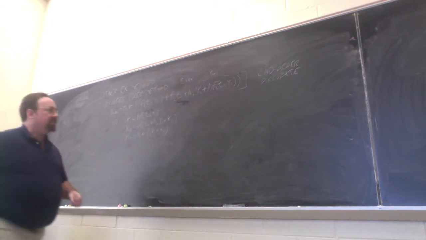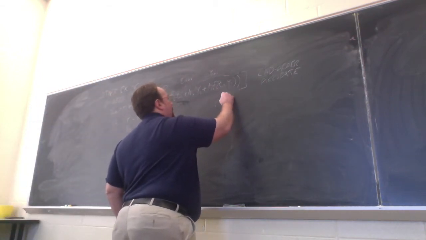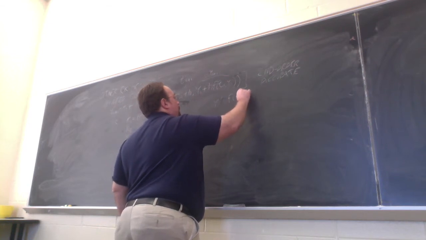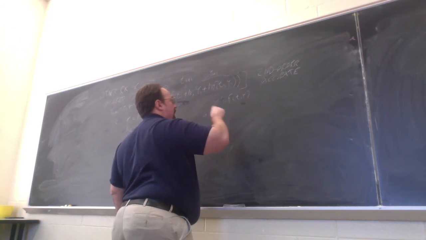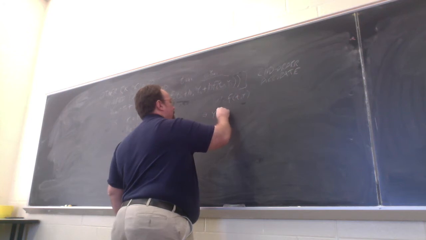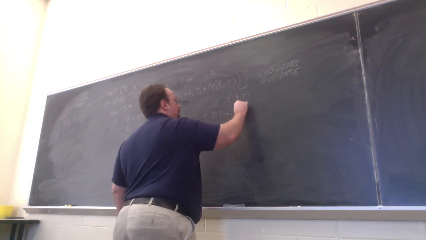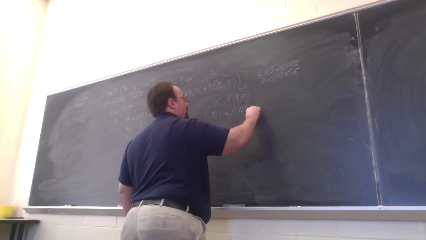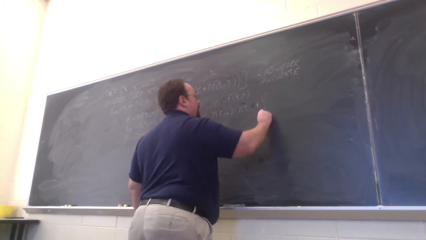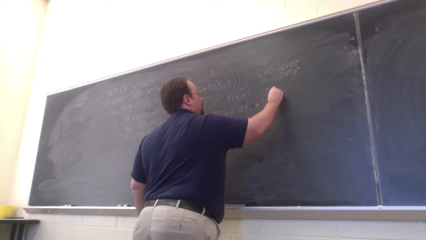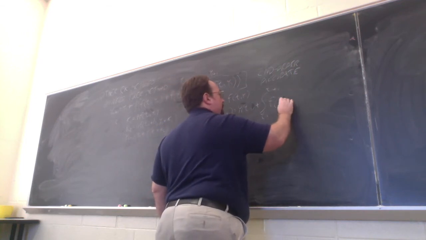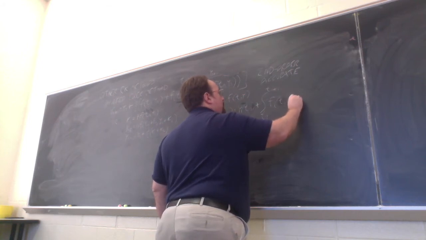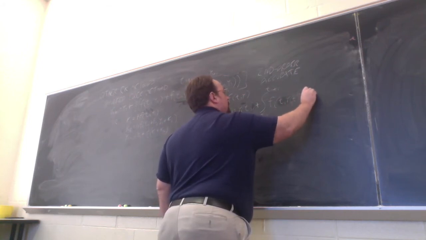Because if you think of it this way, y prime is f of t, y, but then you integrate both sides of this from time t_n to t_{n+1}. That's the same as saying y of t_{n+1} equals y of t_n plus the integral from t_n to t_{n+1} of f of t, y of t dt.